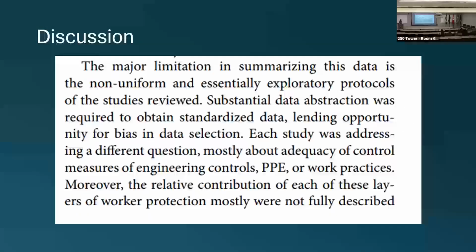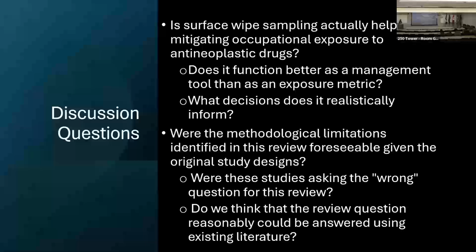And then in the discussion, it covers what I said before, but they had to manipulate their data a lot to try to get it to a point where they could analyze what they wanted to analyze. And I think that was a major limitation in being able to get what they wanted out of the data. So this brings me to discussion.